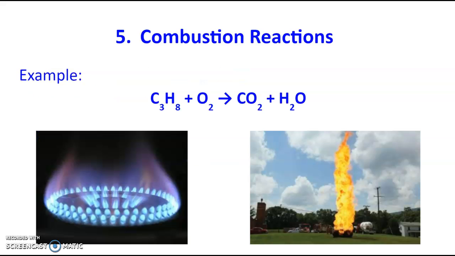So here is a really specific example. This is propane, C3H8. If you have a propane grill or a gas stove or anything like that, this is what you're dealing with. And so C3H8 plus O2 gives us carbon dioxide and water. On the left, we have a controlled propane burner that's burning.